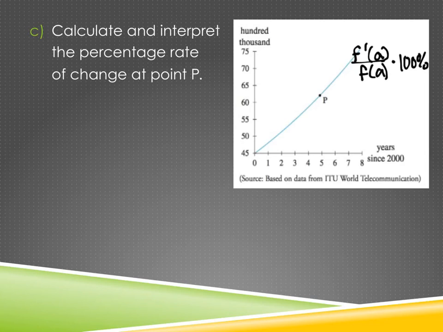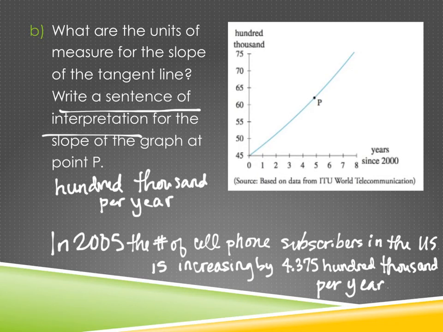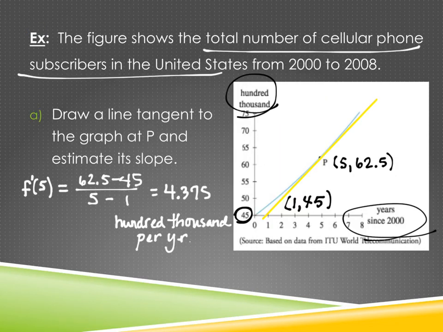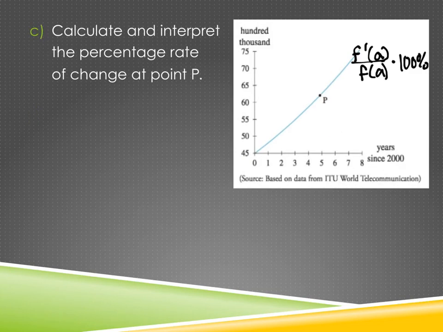Okay, so the F prime of A, that's actually what we calculated over here. We calculated the F prime, okay? And we know what the F of A is as well because we used it to calculate the F prime. So we should be finding F prime of 5 over F of 5, because these are the input values at point P for X, times 100.